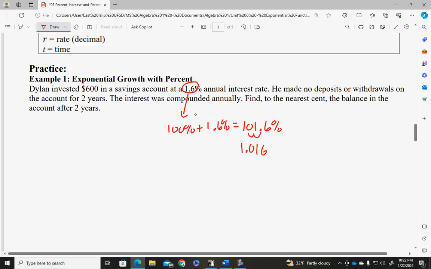And I need to use this now in a function. We are going to be writing like a function now. So Dylan invested $600 in a savings account. Well, the amount of money he starts with is actually the y-intercept.